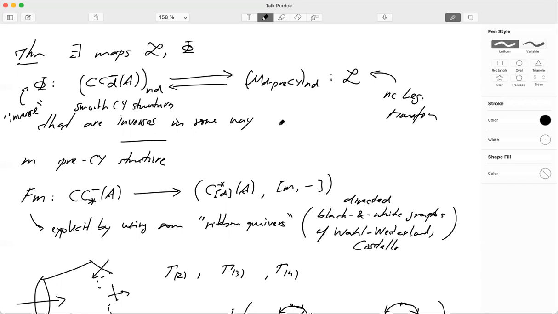So the right notion here is equivalence under some action of gauge transformations, and this has the structure of some groupoid. So the statement should be between negative cyclic homology and a set of orbits under this gauge action. That's what I mean when I say that the inverse is a little more complicated than saying quasi-inverse, because one of them is a linear space, the other one is not. But FM is a chain map.